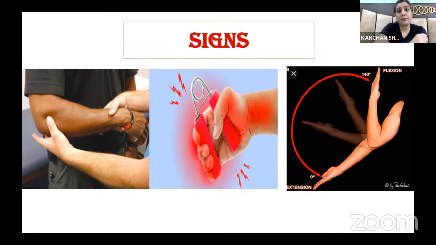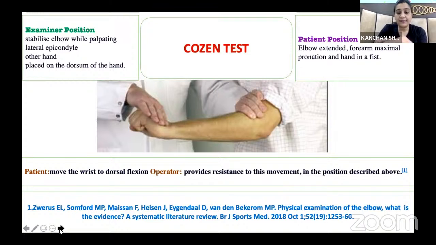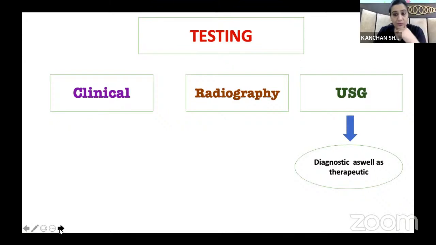But flexion and extension is going to be perfectly all right. Then you ask the patient to extend, and you try to flex the wrist joint. Again the patient is going to complain of pain over the lateral epicondyle.